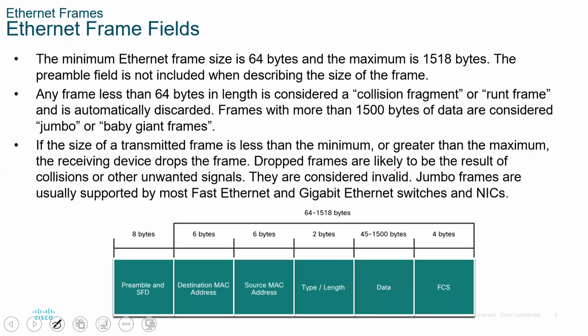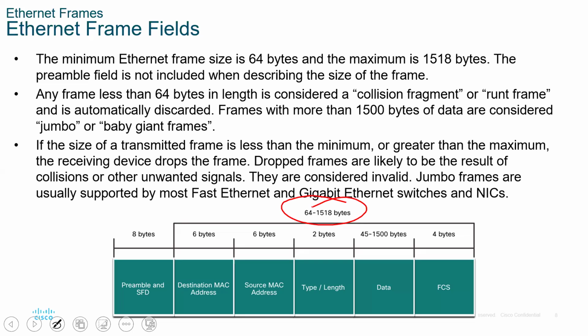Now, in the header information of the frame, what are the different fields that you have in the frame? The minimum Ethernet frame size is about 64 bytes, and the maximum size is about 1518. So this is the size range, okay?